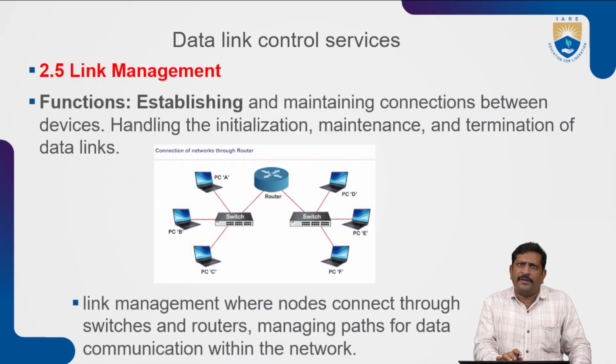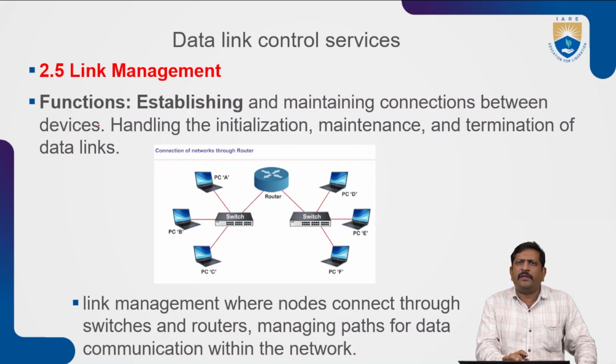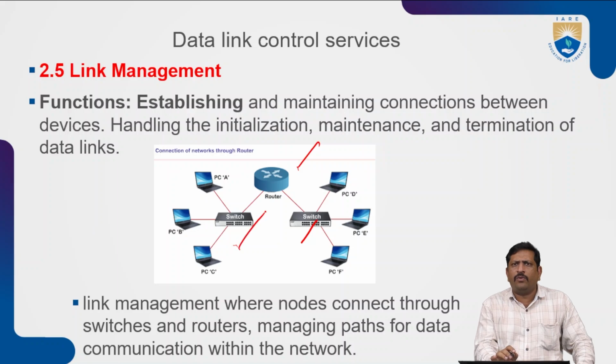Link management. What is link management doing? It links multiple devices over multiple routers or switches. With the help of these routers and switches, a connection can be established between different devices, for example PCA, PCB, PCC, PCD, PCE and PCF.